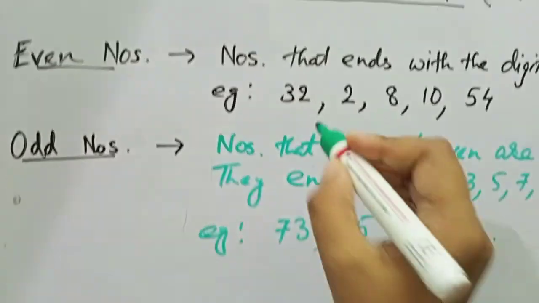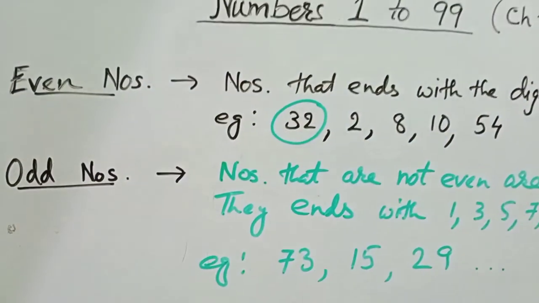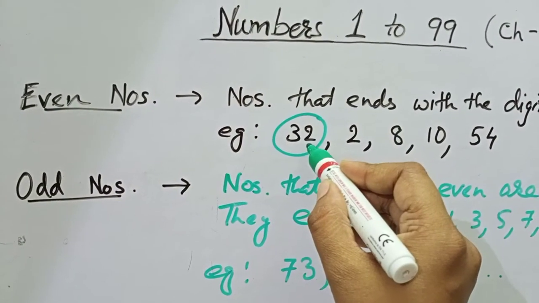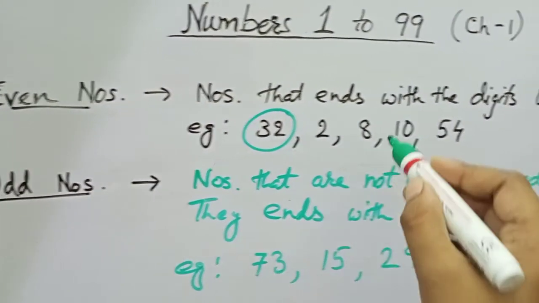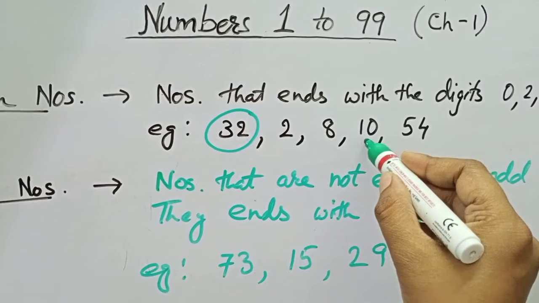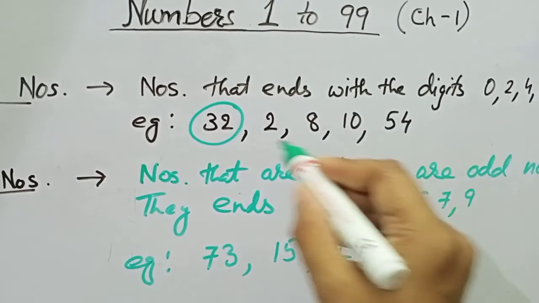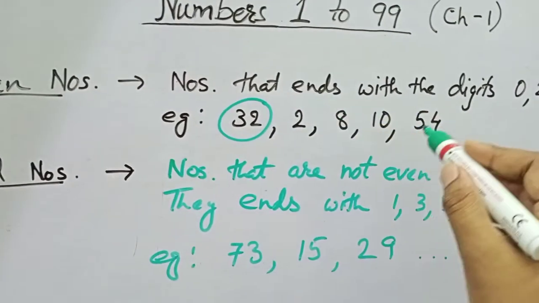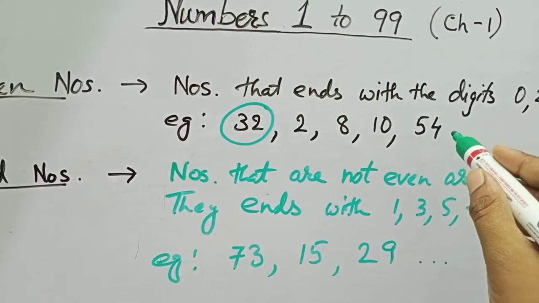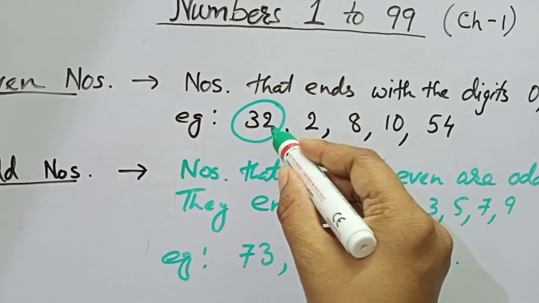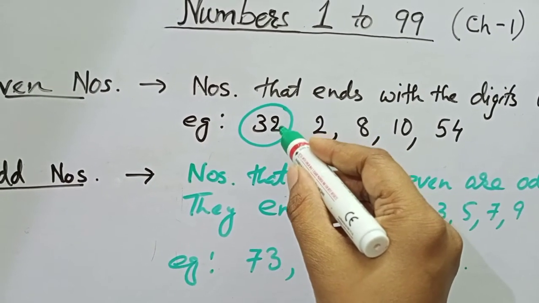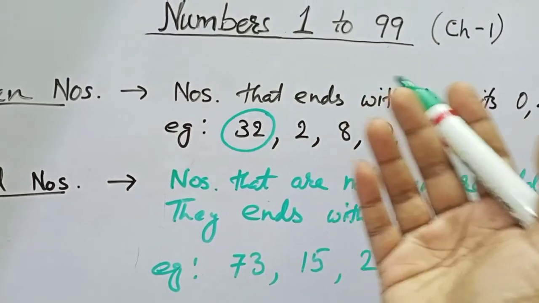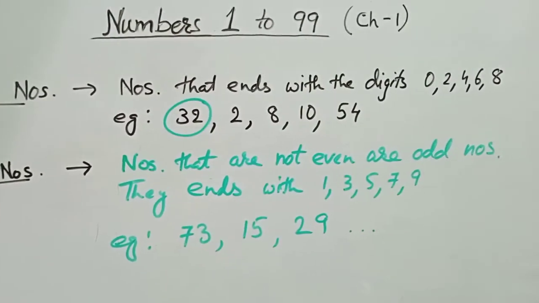Like here you can see in this number 32, the last digit is 2. Here the last digit is 0. This is 4. So these numbers are all examples of even numbers, because their last digit is even, that is, it ends with 0, 2, 4, 6, 8.